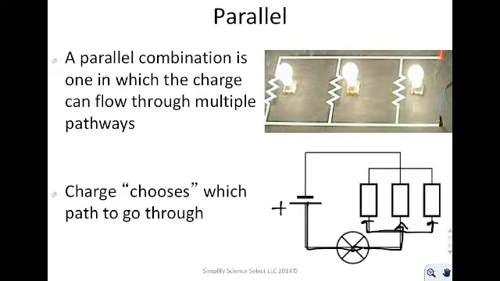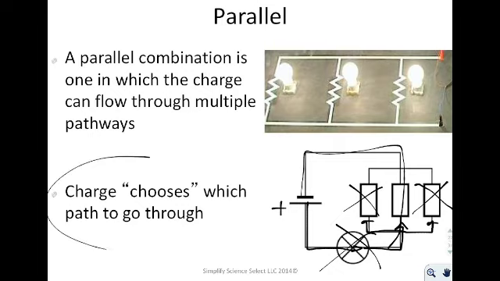So if you were to break the circuit here, there's still a complete path here, just like we talked about before. If you were to break it here, there would still be a complete path. So when you wire things in parallel, they still work even if you break the circuit in one location. Now, if you were to break it here, that'd be something totally different because there would be no path for it to go through.